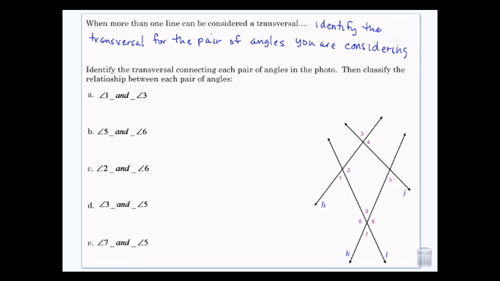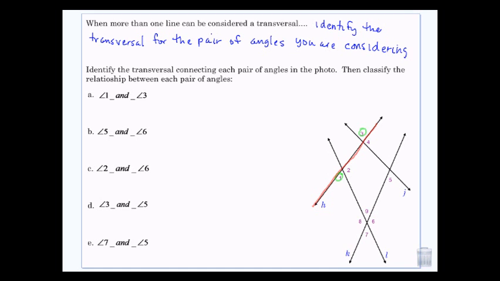For example, if I'm looking at angle 1 and angle 3, I've got these two lines and this one line, so the transversal is going to be the one line. So in that instance, H is going to be my transversal. I'll make that a different color. So for here, H is the transversal between 1 and 3.